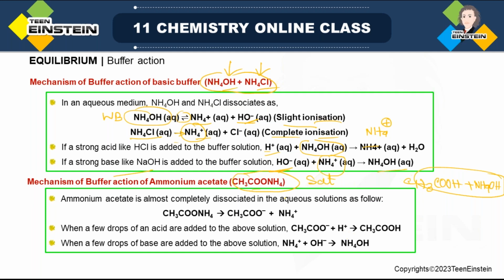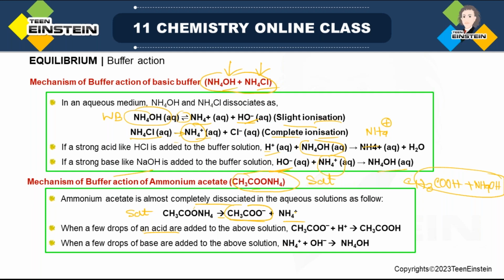Acetic acid and NH4OH produce the salt ammonium acetate, and directly this molecule can sometimes show buffer action. As ammonium acetate is a salt, there will obviously be complete dissociation, so a single-headed arrow, and it will produce these two ions. Now if extra acid is added, suppose HCl, then there is a basic component.